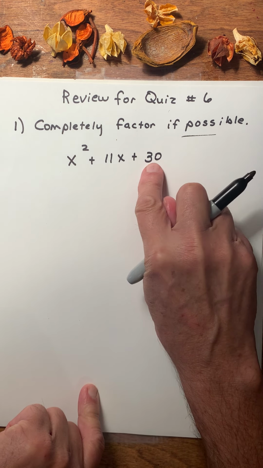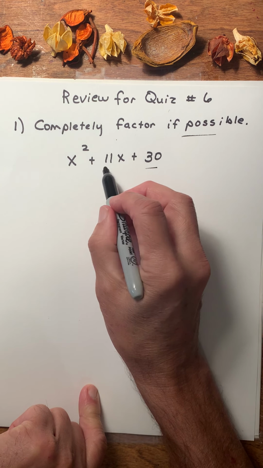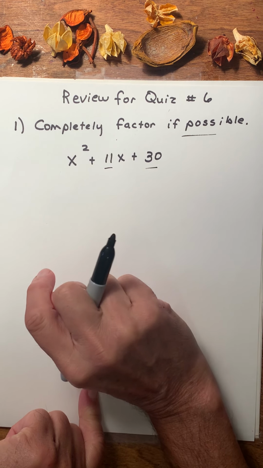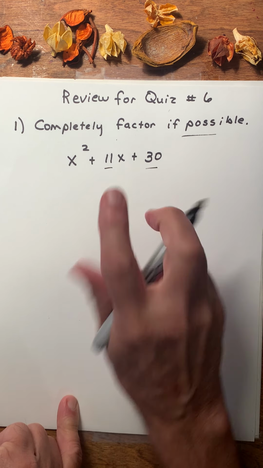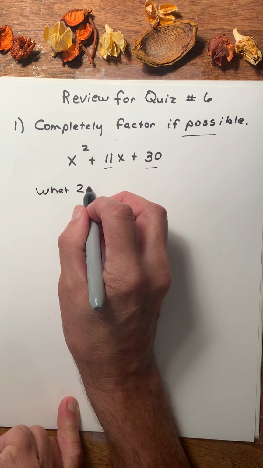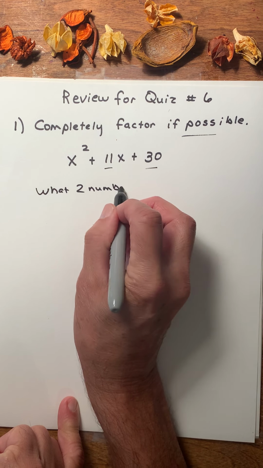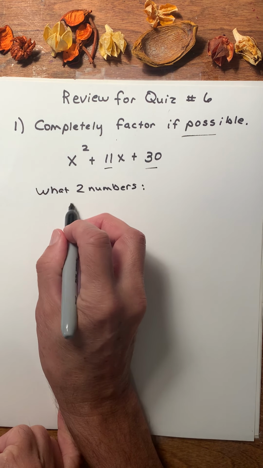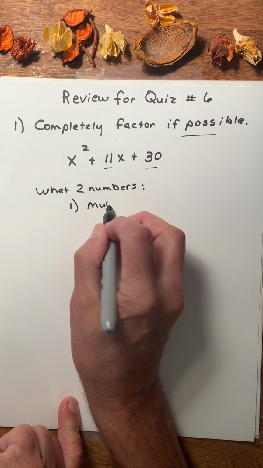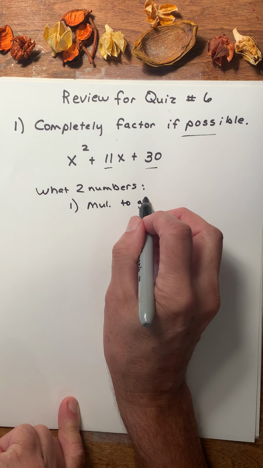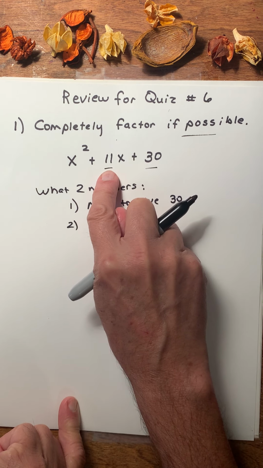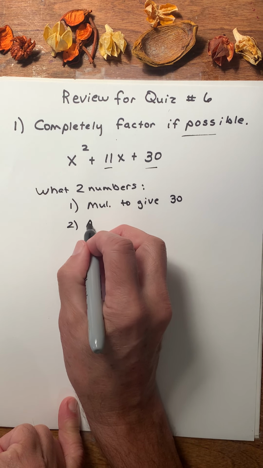We focus on these 2 numbers, the final number at the end and the coefficient of the x. And we ask ourselves these 2 questions. What 2 numbers? Number 1, multiply to give the last number. And number 2, add to give the middle coefficient.